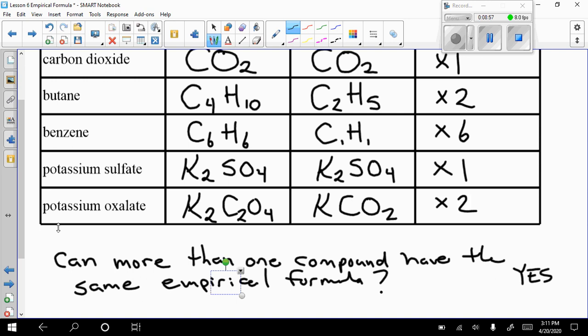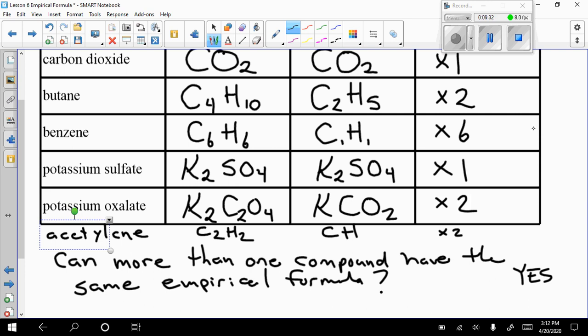I'll give you an example. I'm going to put another one on the bottom here. We have a substance called acetylene, sorry, I've misspelled that. Here we go. Acetylene is used in welding, and that's the common name for it. Acetylene is C2H2, so it would have an empirical formula of CH and a multiplier of 2.